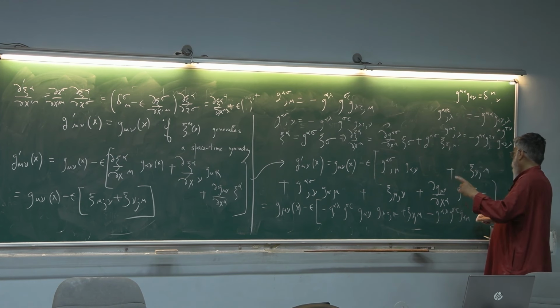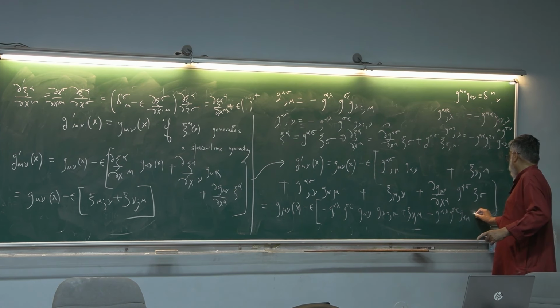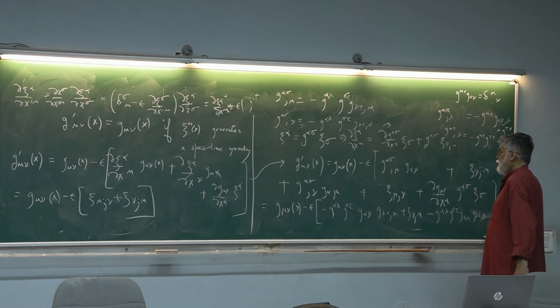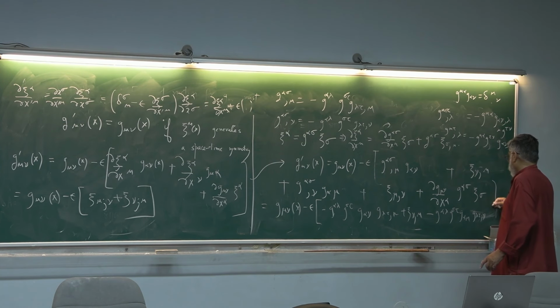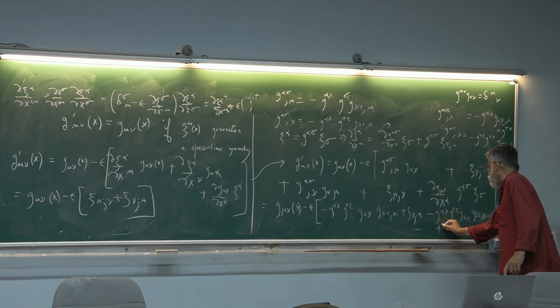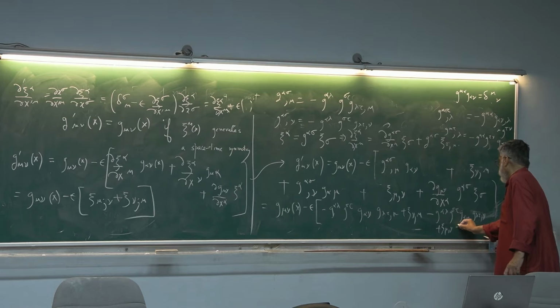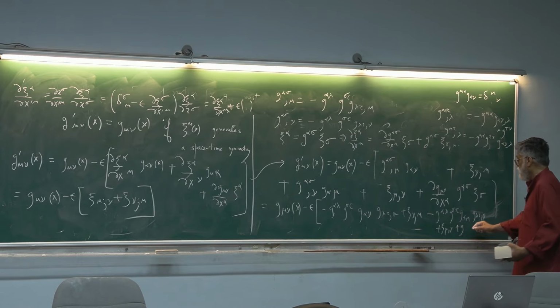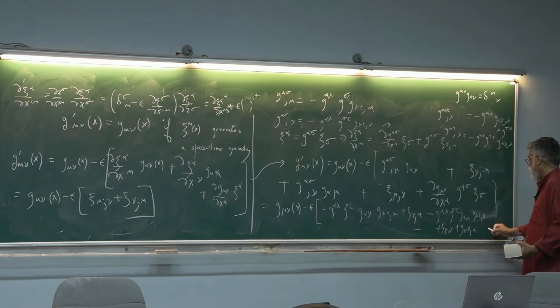The derivative term g lambda tau nu, g lambda tau comma nu, and then finally, there are two more terms, xi mu comma nu and plus g mu nu comma alpha and g alpha sigma.